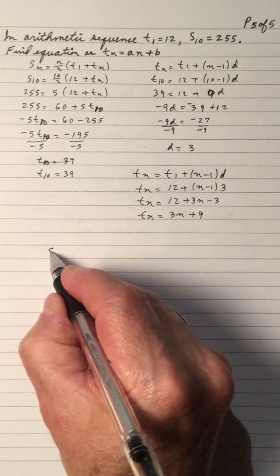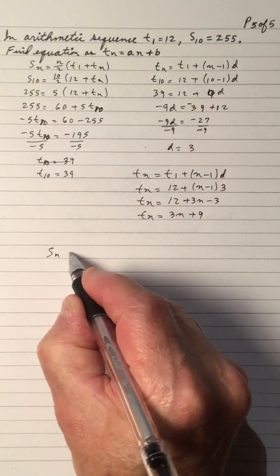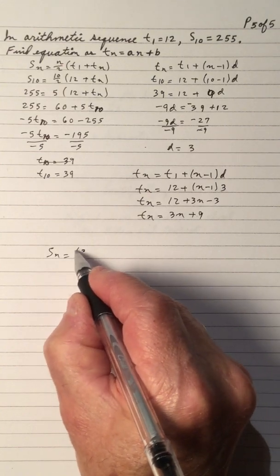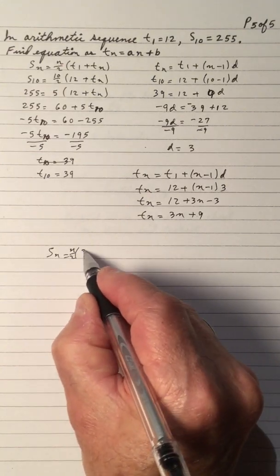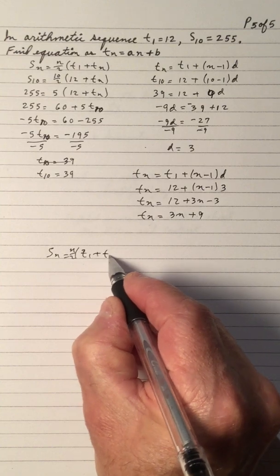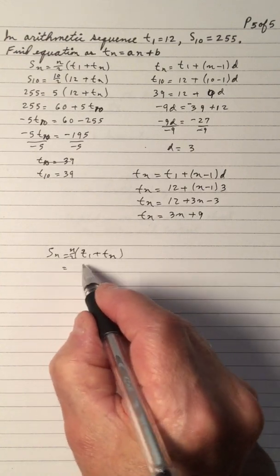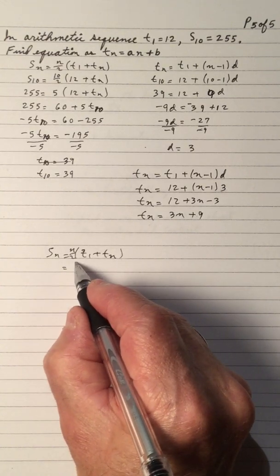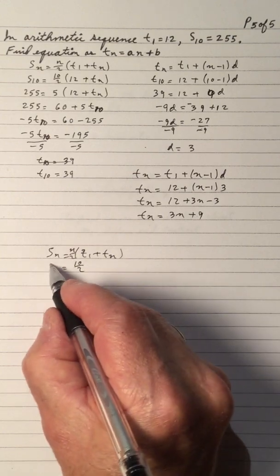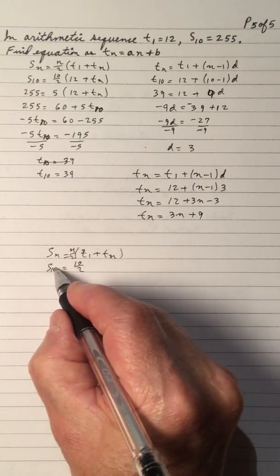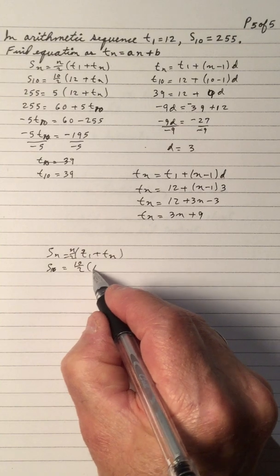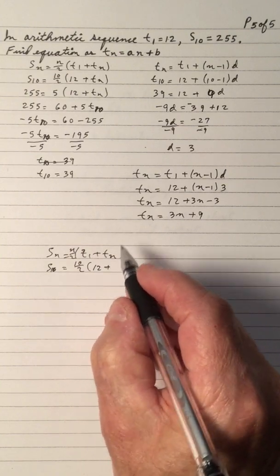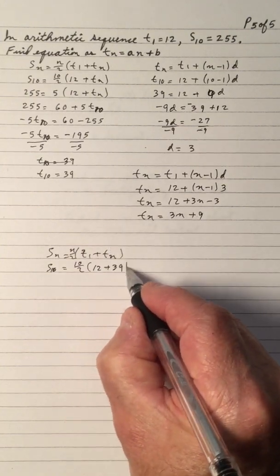And if you want to check, the sum is n over 2 (T1 plus Tn). Let's see, n is 10. I'm just checking. So I'm doing the sum of the first 10 terms. T1 is 12. And the 10th term is 39.